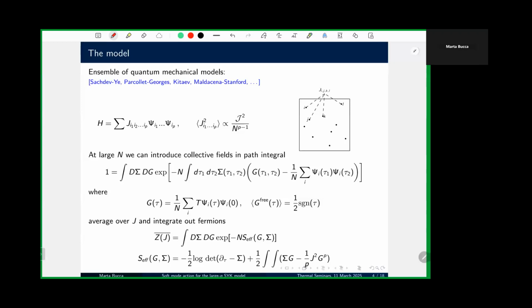However, at large n, you can show that you get the same result from both of these averages. So for simplicity, you can just average the partition function. And if you do, you find an expression for your action that depends on your collective fields sigma and G.